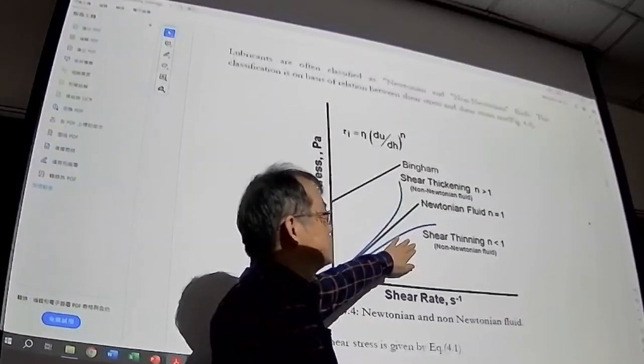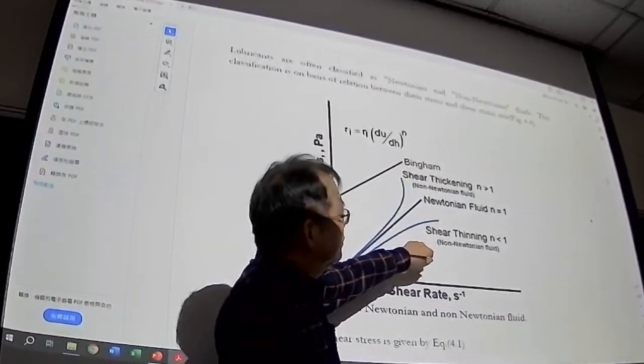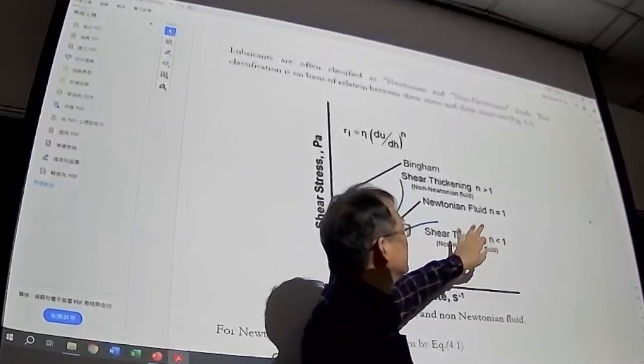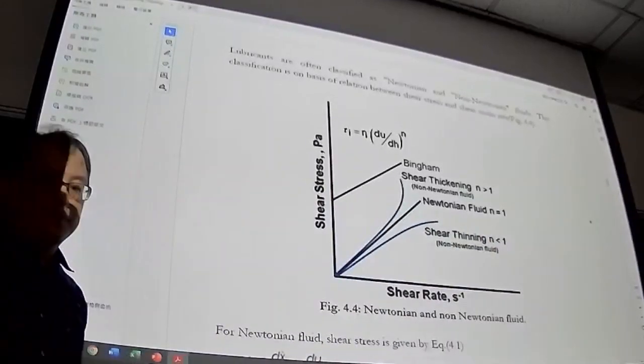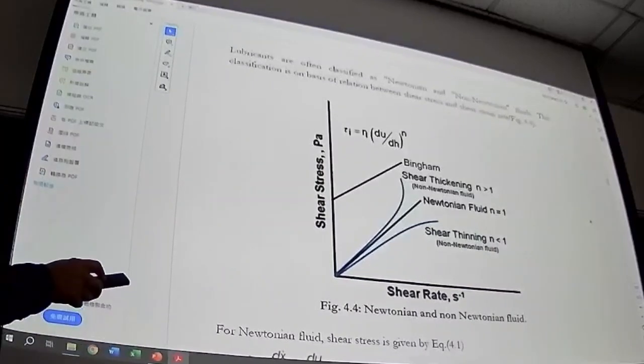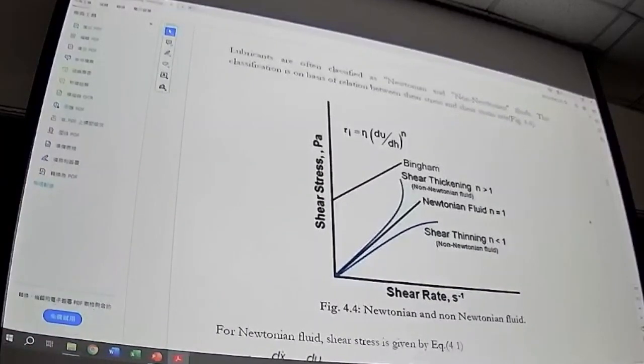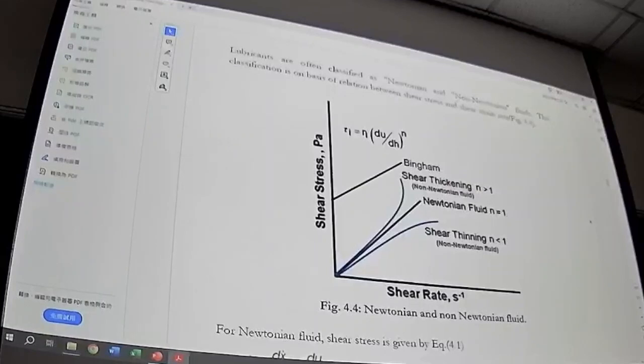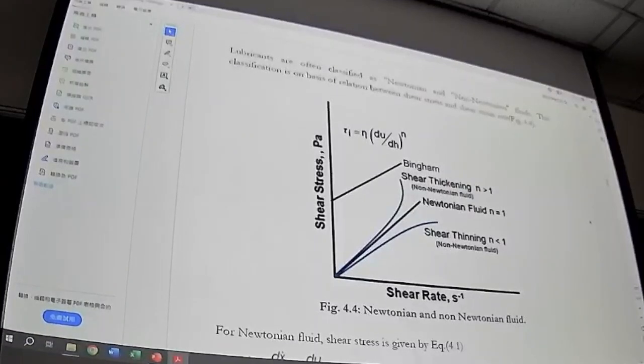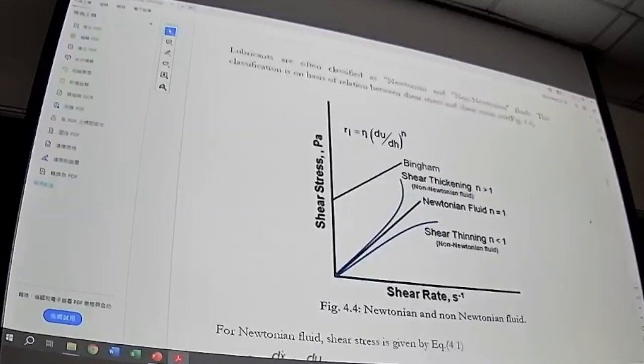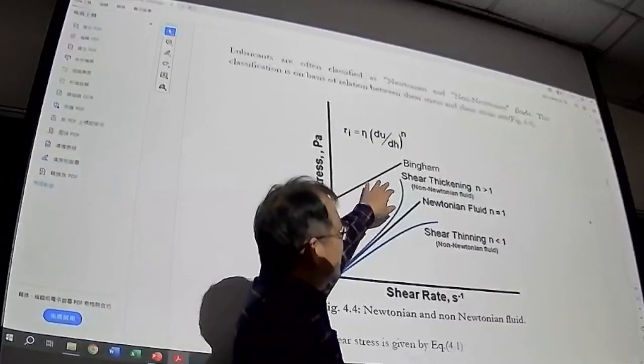So the n will be smaller than one. Once you have the viscosity increase according to the relative motion, then you have a shear thickening effect for your lubricant. Either of them are non-Newtonian fluids.